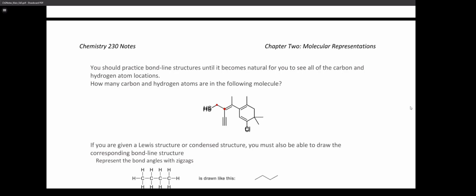Be very careful with the triple bond. 3, 4, 5, 6, 7, 8, 9, 10, 11, 12, 13, 14, 15. So we've got 15.